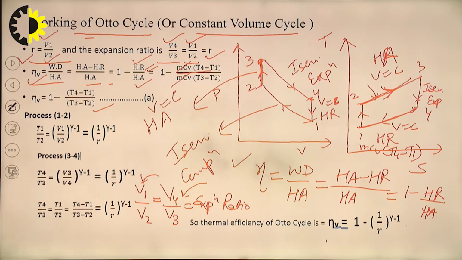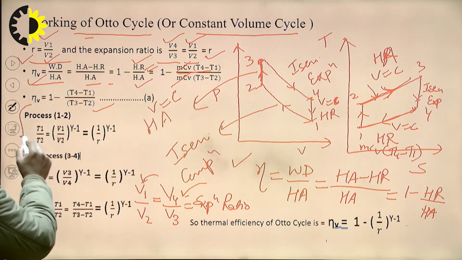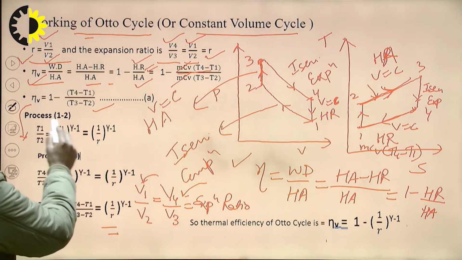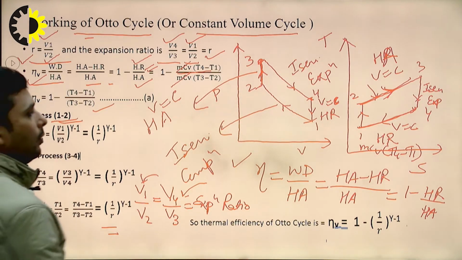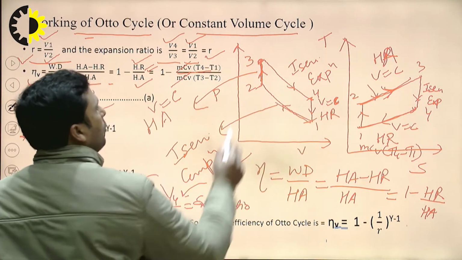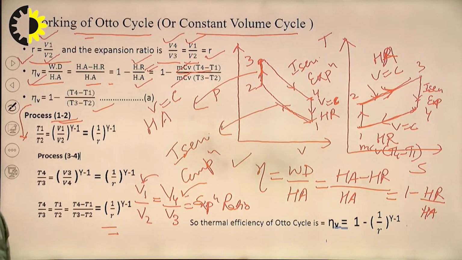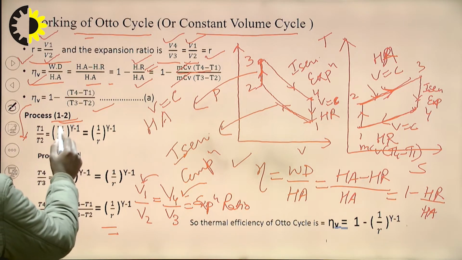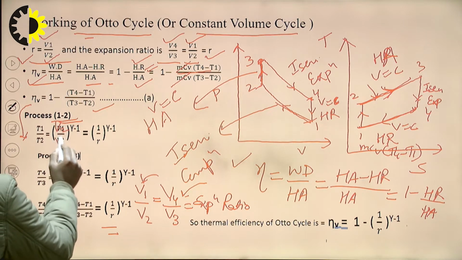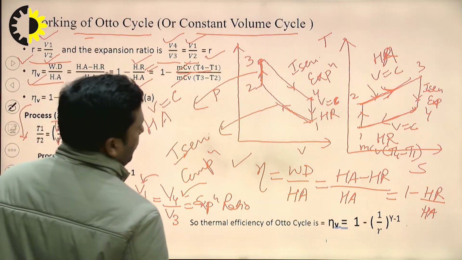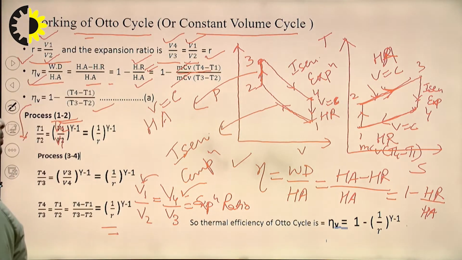But generally we have to convert thermal efficiency into the compression ratio format. So process 1 to 2 is an isentropic compression process.